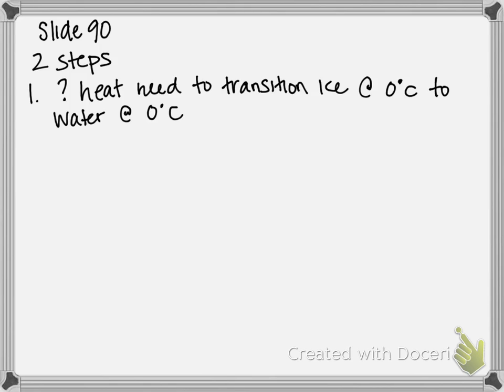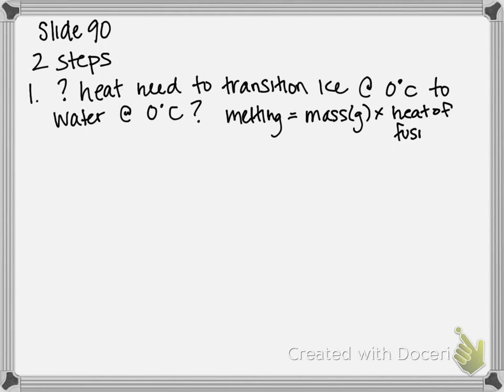Okay, so we're going to use this equation. Melting is equal to mass in grams times our heat of fusion, and that's in units of joules per gram.